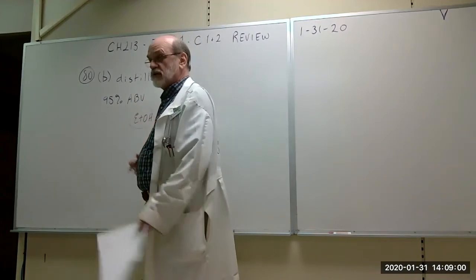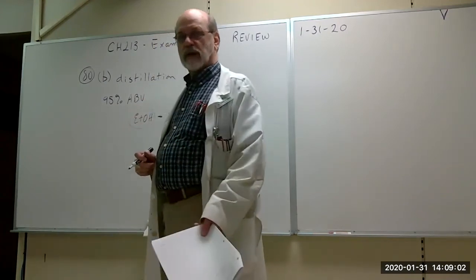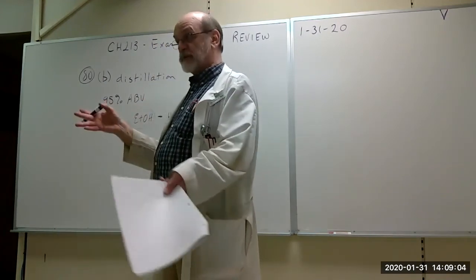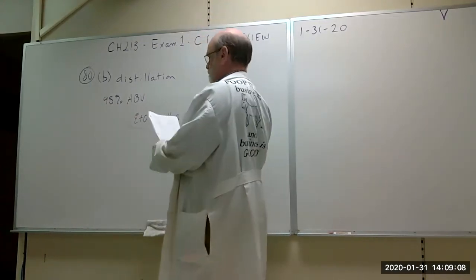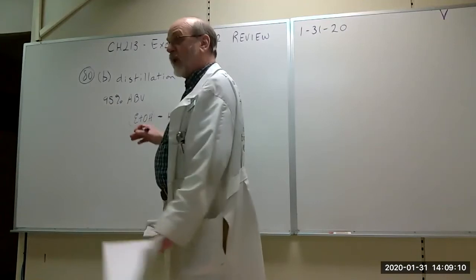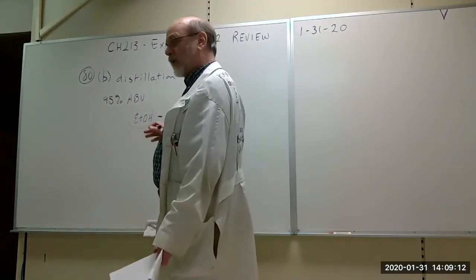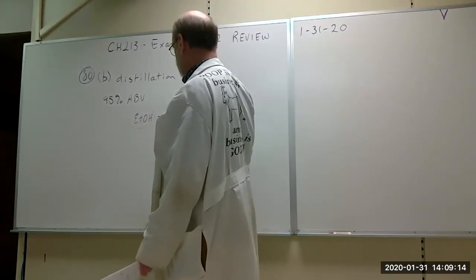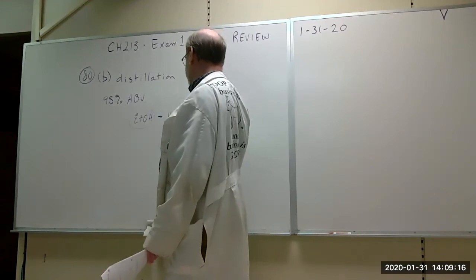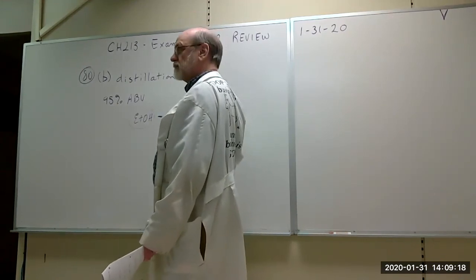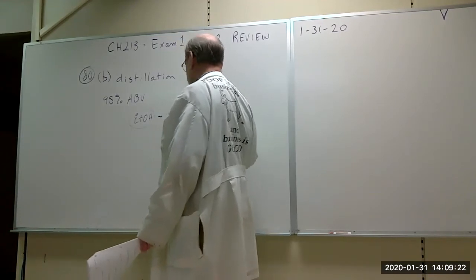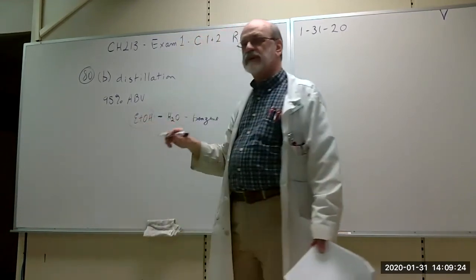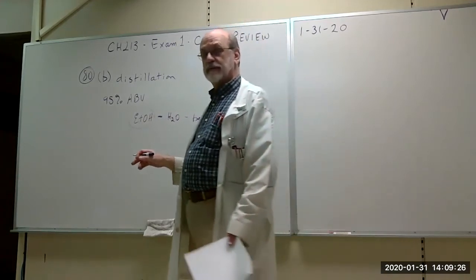So there are a couple of ways you can, right, because they sell crystal clear, 100%, 200 proof ethanol. So there's got to be a way. Well, one way is to distill and add a little bit of benzene. Benzene, water, and ethanol form a different azeotrope, right?